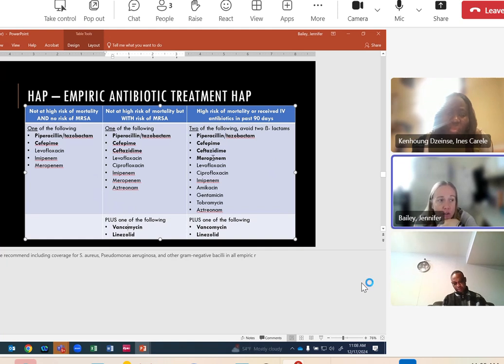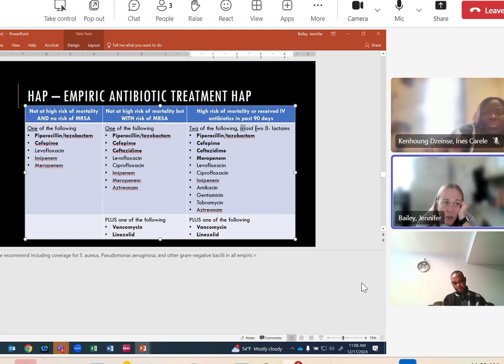You pick two drugs that cover Pseudomonas, trying to avoid 2 beta-lactams if you can. So a lot of these are beta-lactams. So you wouldn't want to put cefepime and meropenem together because they're both beta-lactams, but you would try to pick cefepime and something else, like a fluoroquinolone or an aminoglycoside or something like that.